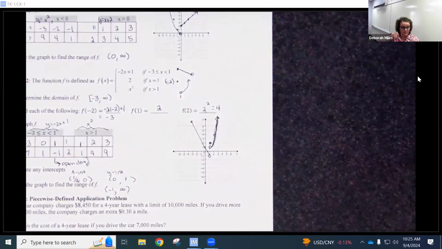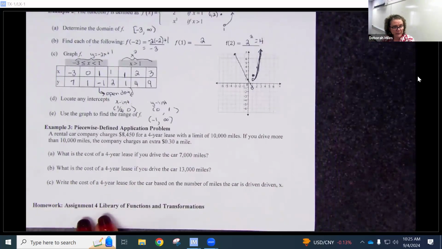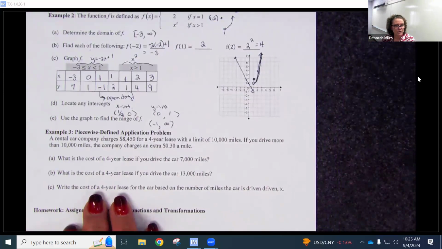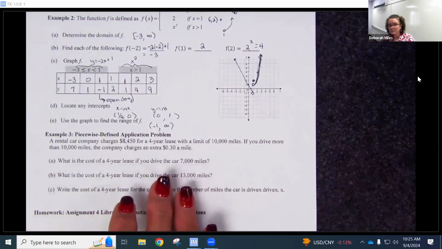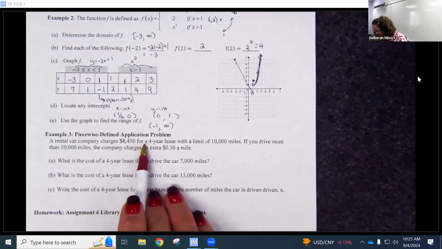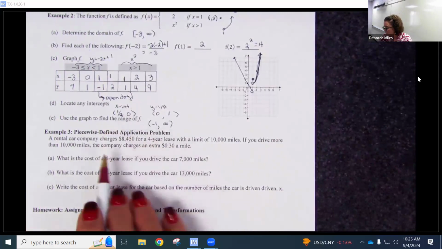All right, it's been a long lesson. We only have one more example, and that's the application. A good application of a piecewise function is car rentals, because when you rent a car, this is actually a lease, a 4-year lease.